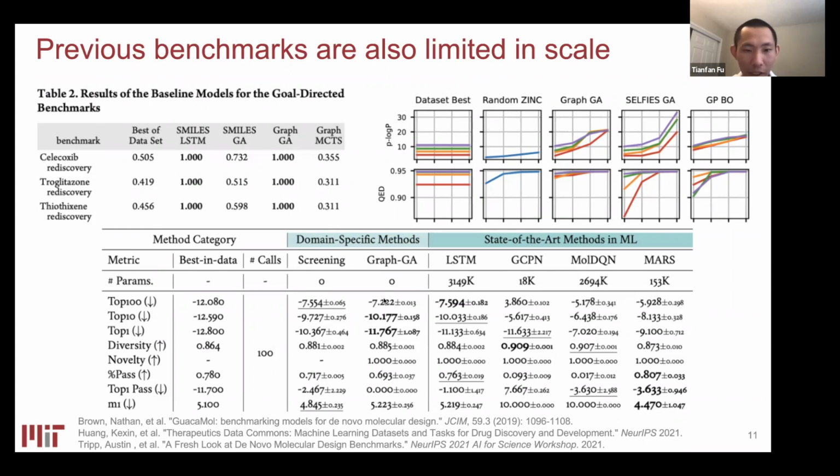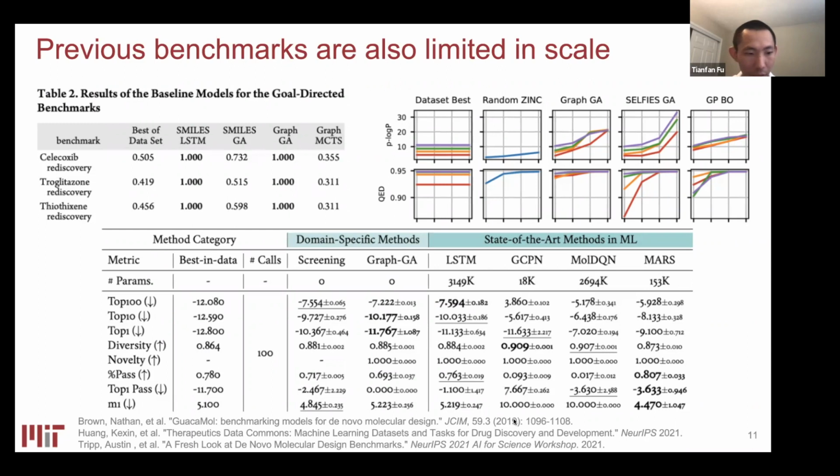For domain-specific methods, they include high-throughput screening and graph-level genetic algorithm. In machine learning methods, they include the LSTM based on hill climbing. GCPN and MolDQN both belong to reinforcement learning methods. MARS belongs to MCMC sampling methods.